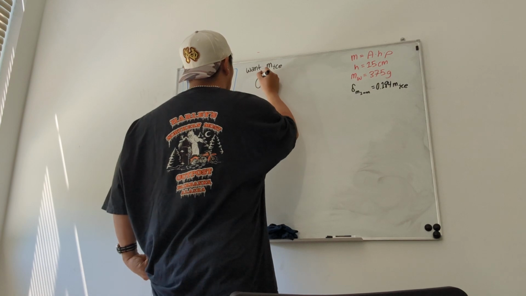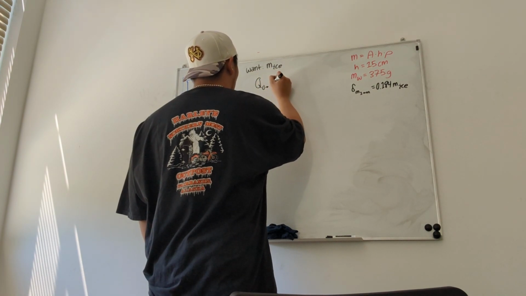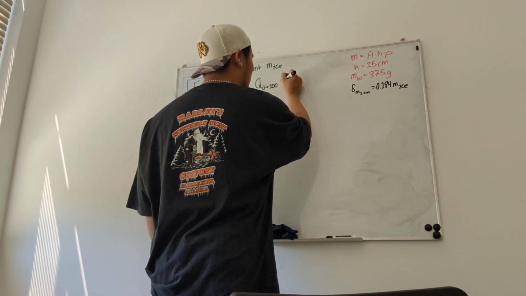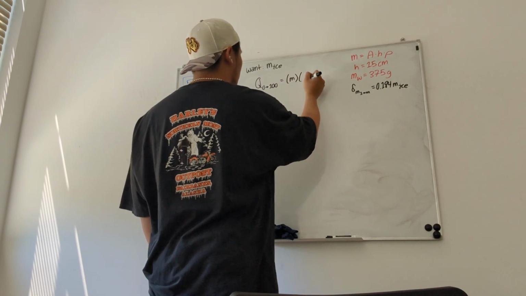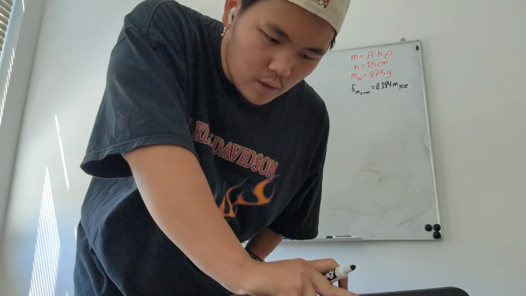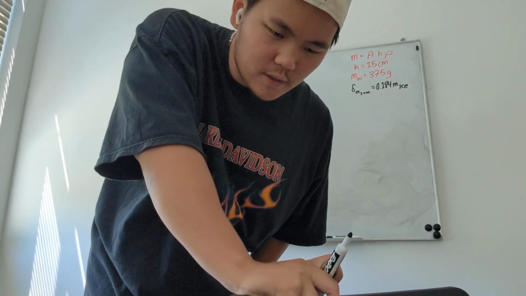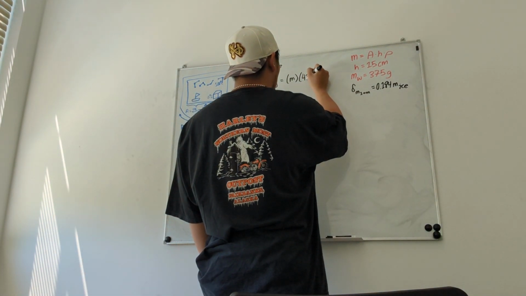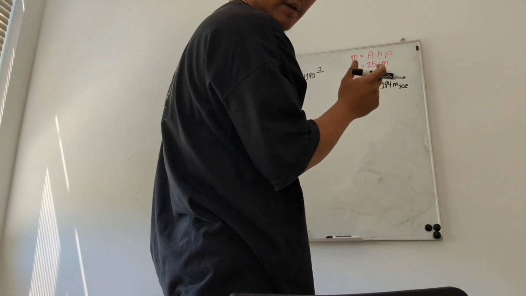So, energy of water, 0 degree water to 100 degree water, is equal to mass, which we just know is some value M, times the specific heat capacity of water, 4190 joules per kilogram Kelvin.